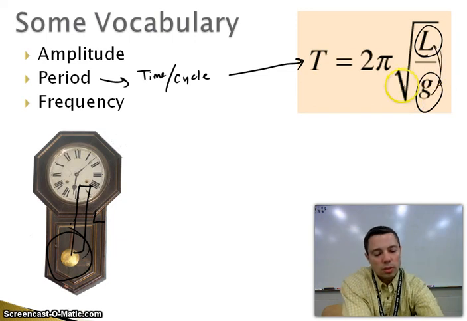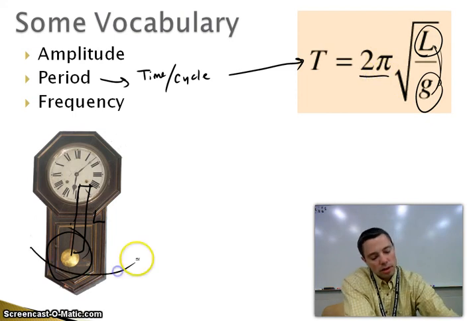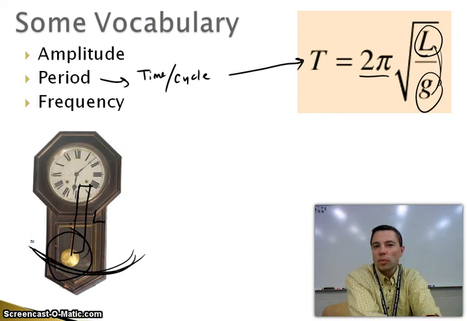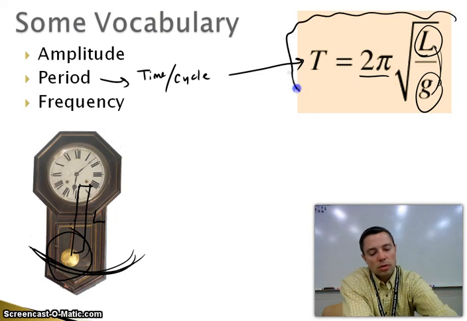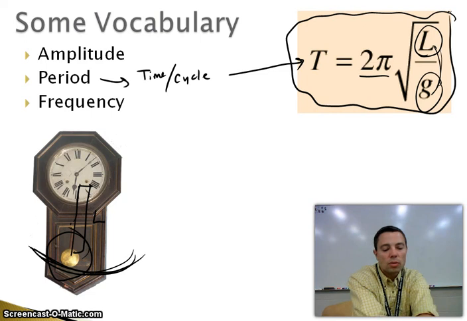There's a relationship between them. It's the square root of it, and that 2 pi tells you that we're looking at an arc length motion, a part of a circle motion. So that's where we see this tie into our circular motion as well. Now this is our relationship that tells us about the period of any given pendulum. If you know those things, you can solve for the period, the time it takes to make one cycle.